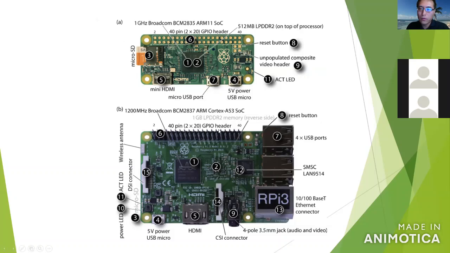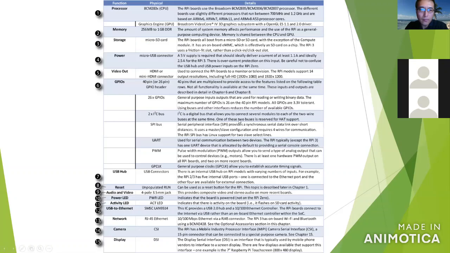So then you have to connect your temperature sensor to a specific pin in the GPIO, and then you can write a program to communicate with the sensor. Okay, so that's the GPIO. The GPIO has 40 pins in total, and each pin provides a certain functionality. So we will see this in the future.